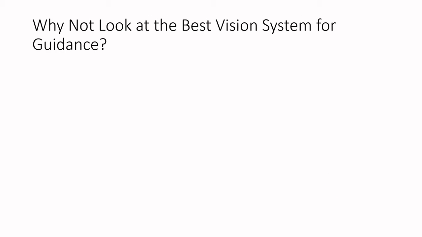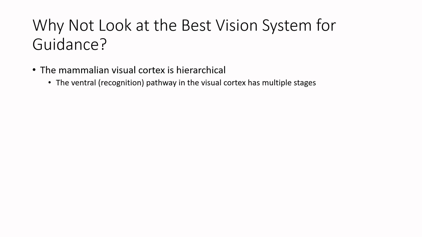So when we talk about building object recognition systems, we can say, why don't we look at the best vision system that's out there for guidance. And that best vision system happens to be the one that we possess.